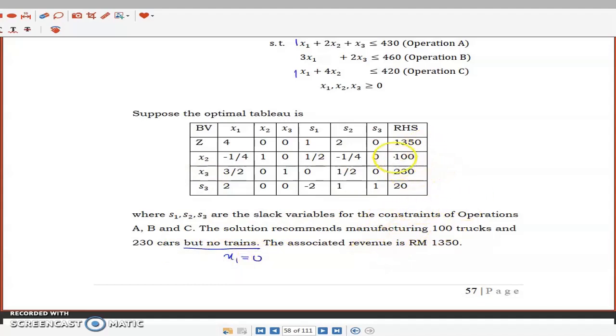And the daily revenue gained by this company is 1,350 ringgit.